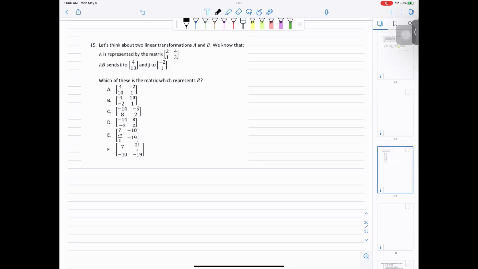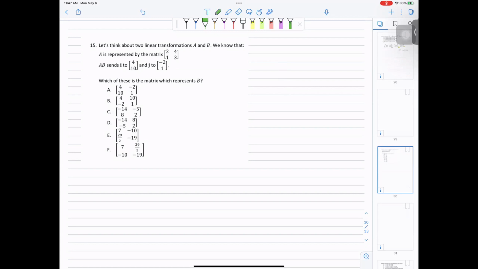Okay, so what do we know about linear transformations? I said that to find a linear transformation, you see what happened to the i, j vectors. What happened to the i vector is the first column. What happened to the j vector is the second column.